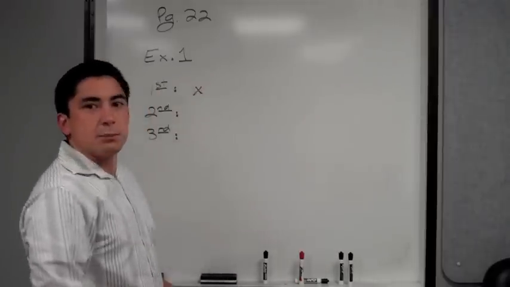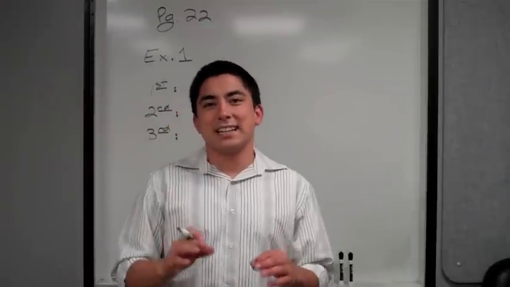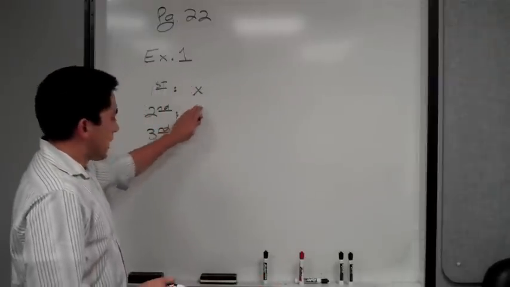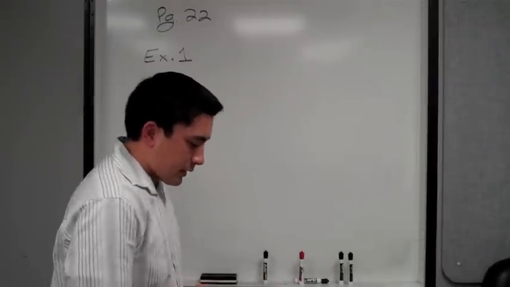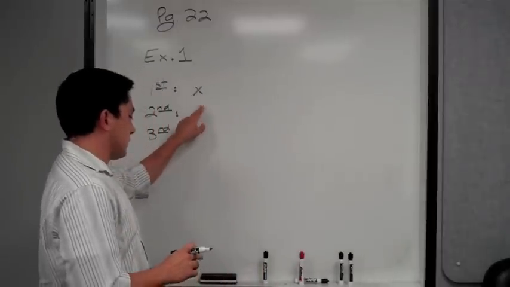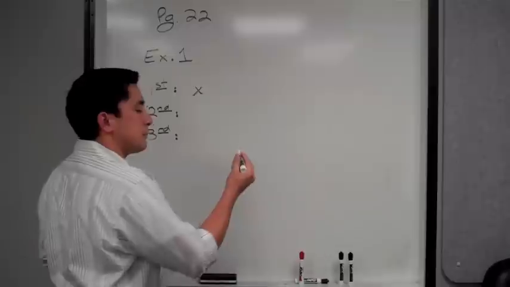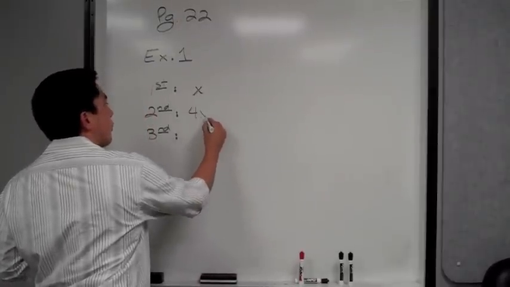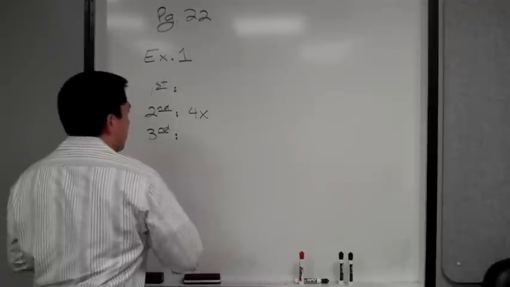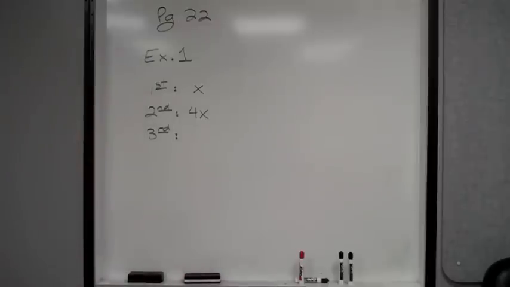Whatever gets spoken about first, you make that one x. So we have x as our first. The second is 4 times that amount, so 4x. First term is x, therefore the second is 4x.